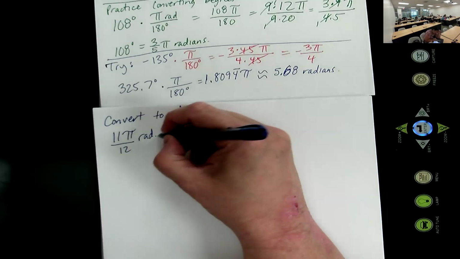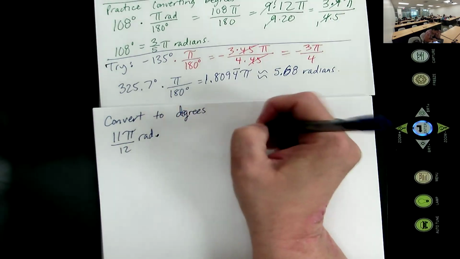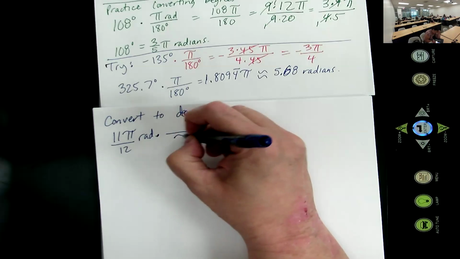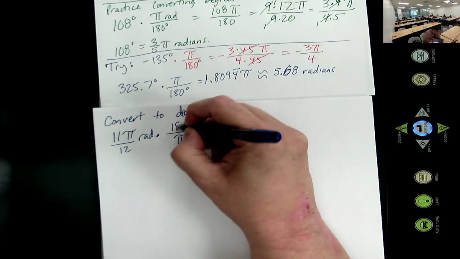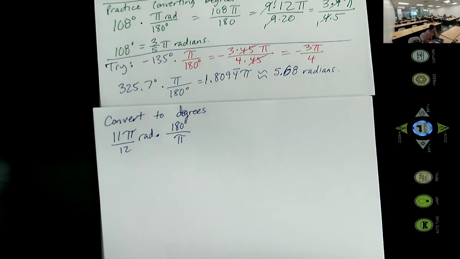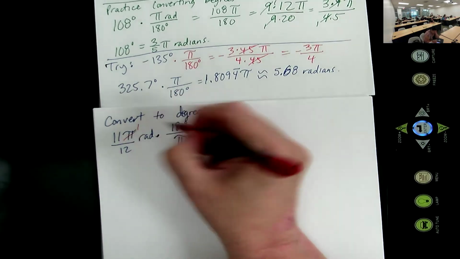So we multiply here, we're going the other direction, so we want the pi on bottom, and that means our 180 is on top. And the pi's cancel.